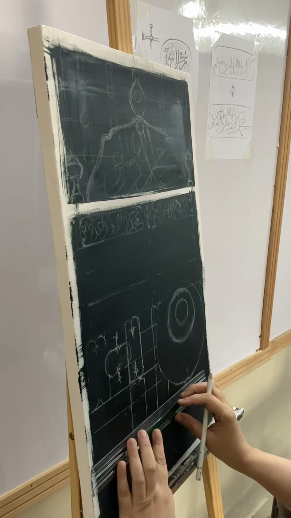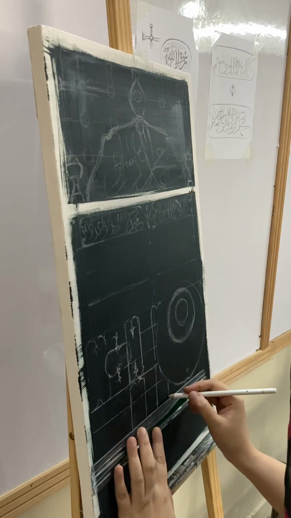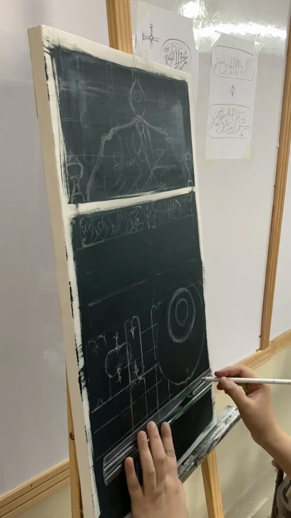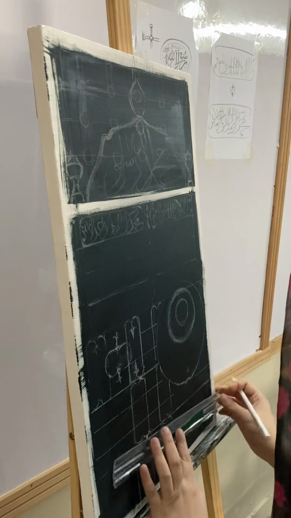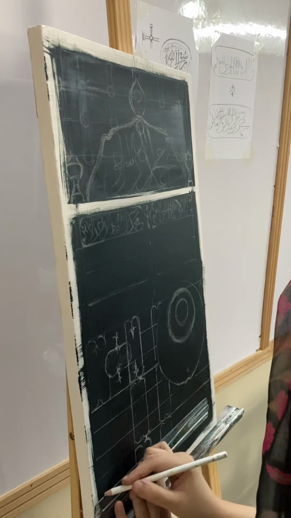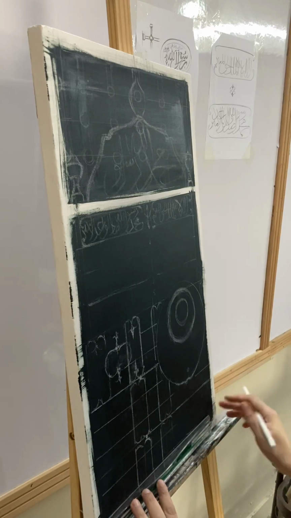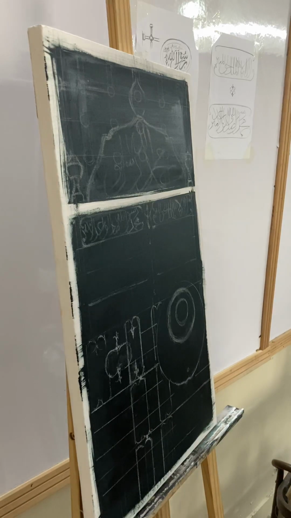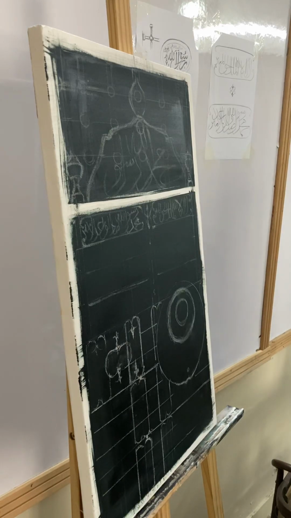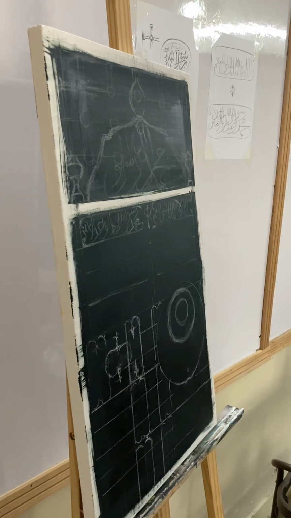So 1.5, 1.5 will be the width of that bracket structure with a small circular bracket structure. So this will be the architecture. If you want to take the picture, you can. If you want to come close and take the picture.